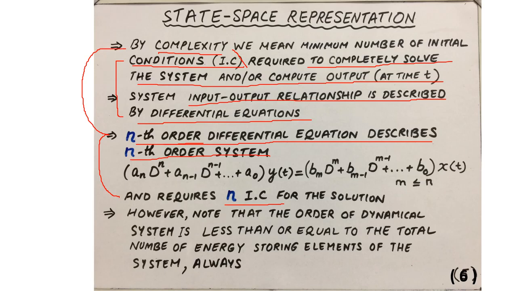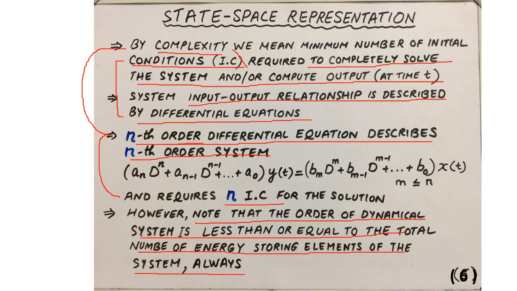However, one should note that the order of the dynamical system can never exceed the total number of energy storing elements in the system. In the previous examples, we saw a one-to-one correspondence between the number of initial conditions and the number of energy storing elements, and initial conditions are mapped to the order of the system.